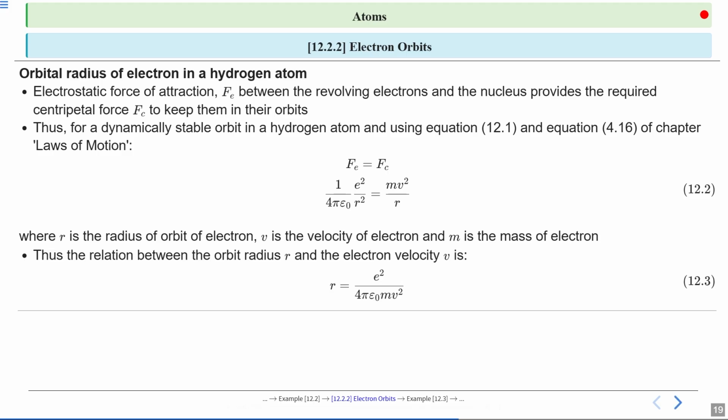Okay, so r is equal to e square upon 4 pi epsilon naught m v square. Mark it as equation 12.3. This means the radius of the electron orbit depends on the electron charge, the permittivity of free space, the electron's mass, and the square of the velocity. Notice that if the velocity increases, the radius decreases.